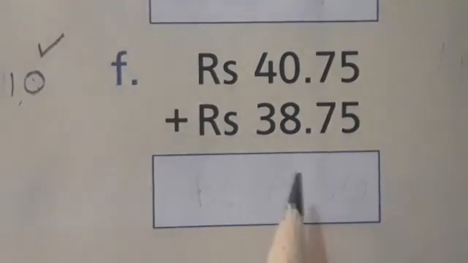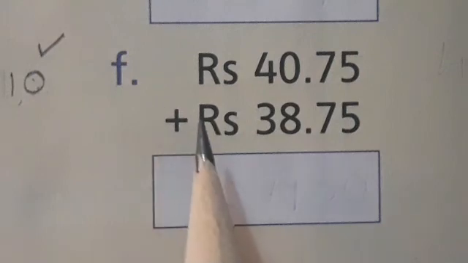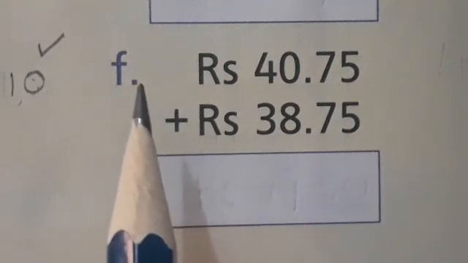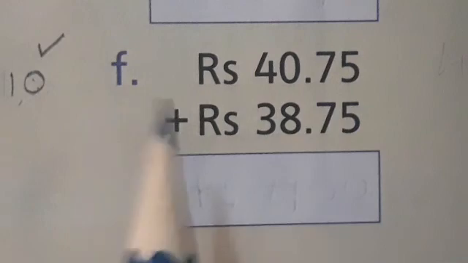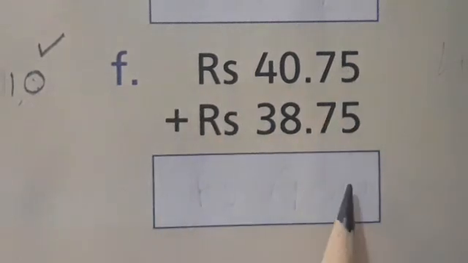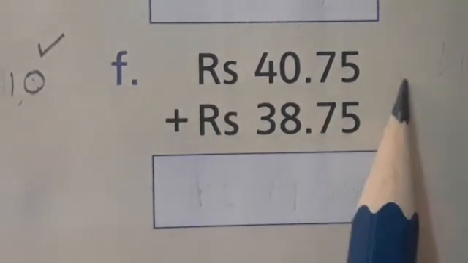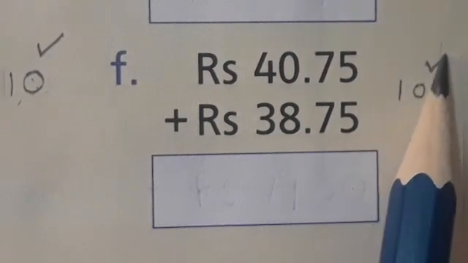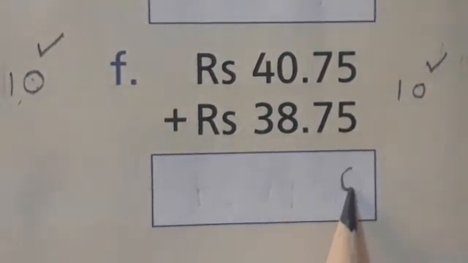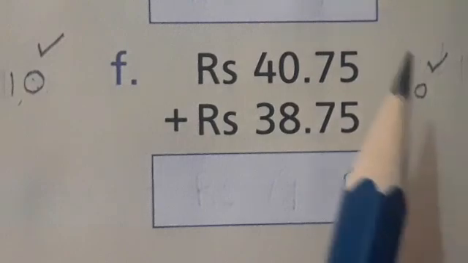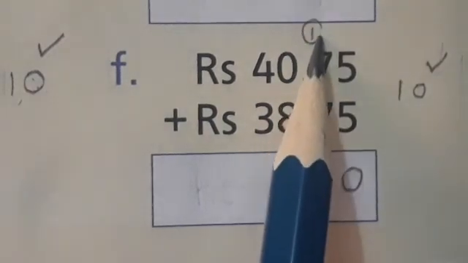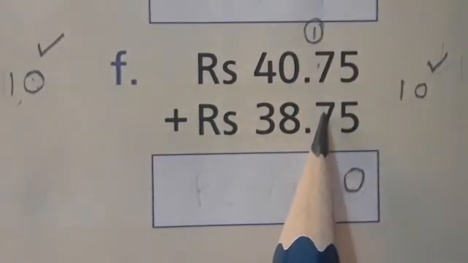Okay students, our last part, because there are A to F parts included of question number 8. Okay, only A to F parts. So 5 and 5 is again 10, so we will choose the right digit. Right digit is 0 and we will move left digit on the left number. 7 and 7 is equals how many?